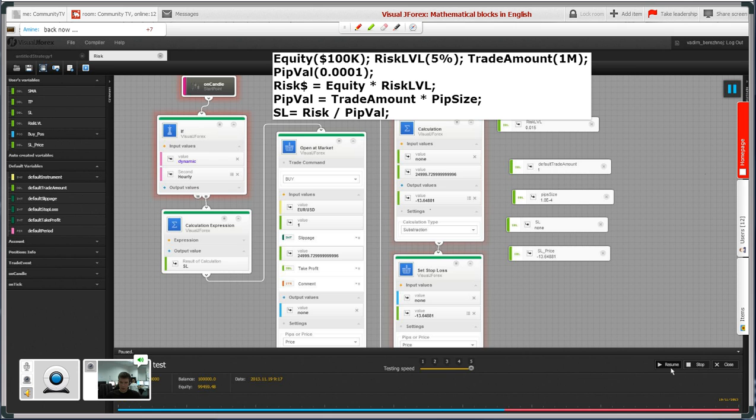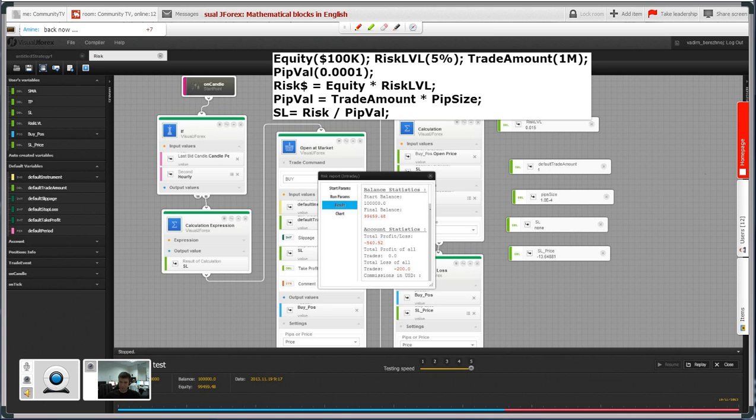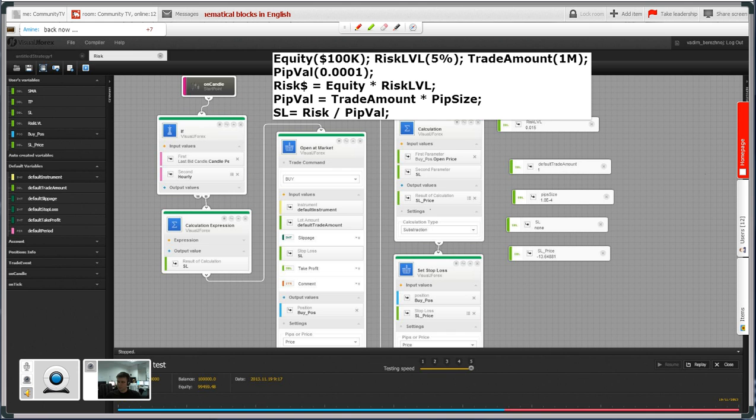We've got stop once again 25,000. How can it be? One moment. Default trade amount is 1 million. Pip size 4th digit. Stop loss is not calculated.